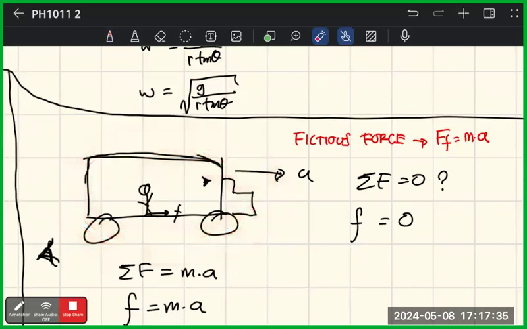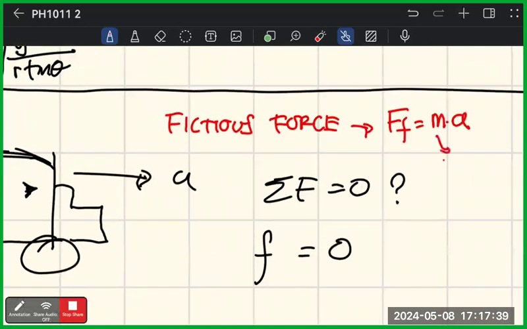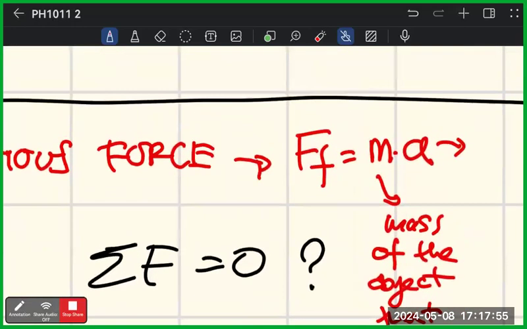So m is the mass of the object that experiences it, and a is the acceleration of the reference.